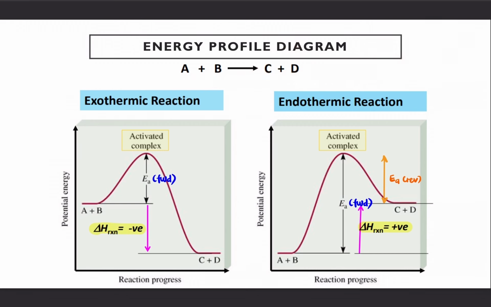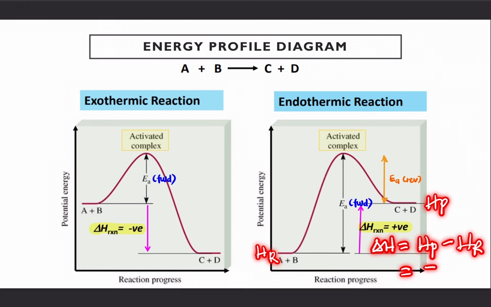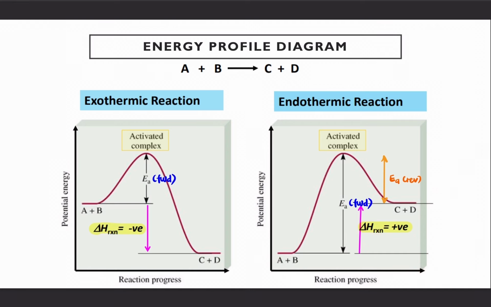Let's say now these are the same reactant and product, but the position is different. Now your enthalpy for reactant is lower than the enthalpy for your product. So when calculating the delta H, your H products minus H reactants, you will get a positive value. Another thing is if you draw your arrow, from reactant, this is your reactant, this is your product, right?